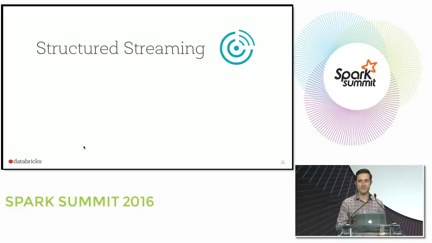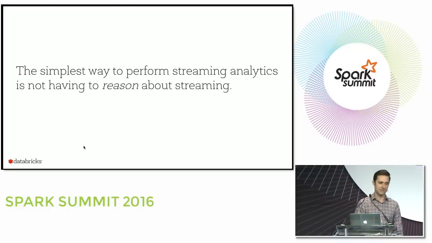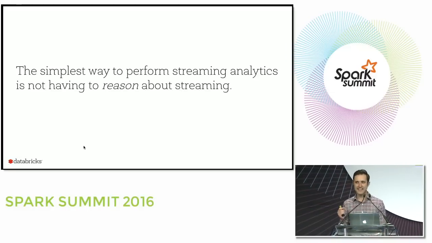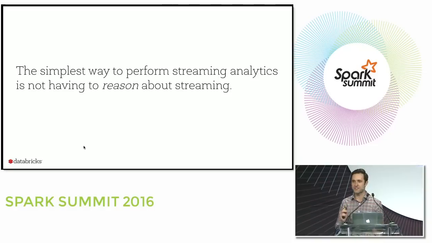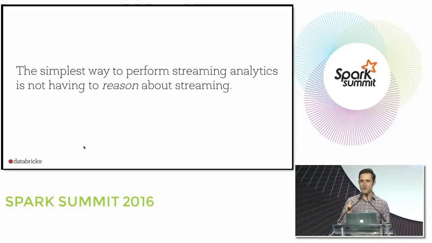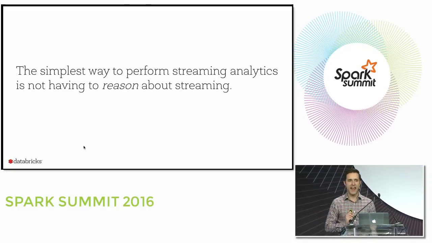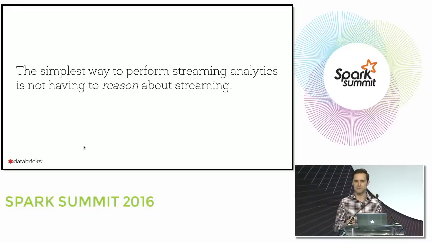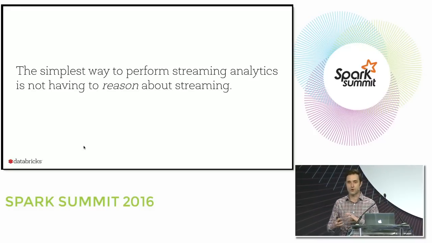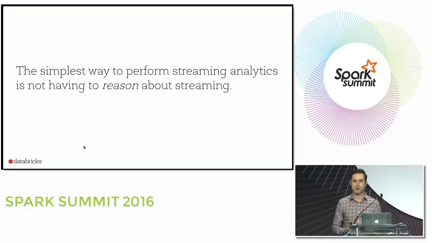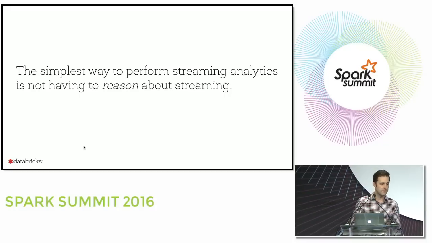I want to explain why structure is actually very important to being able to do that. The key idea here is we don't want you to have to reason about the streaming. When you have to reason about streaming, you have to reason about fault tolerance, you have to reason about failures, and by letting the Catalyst optimizer do the incrementalization of your query, we can push all of that burden onto the optimizer itself.